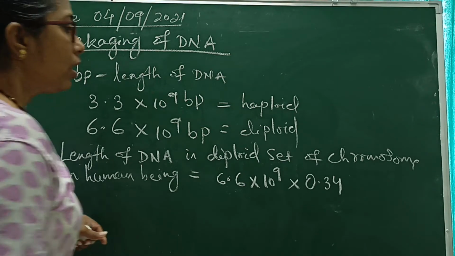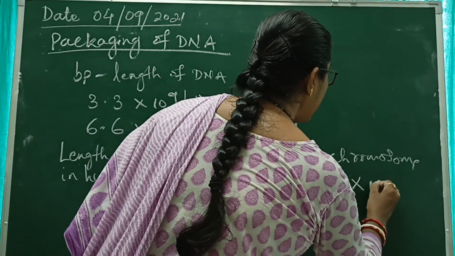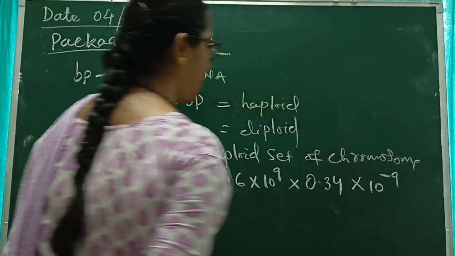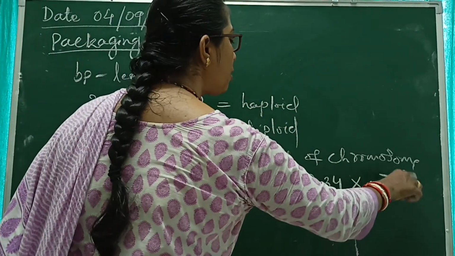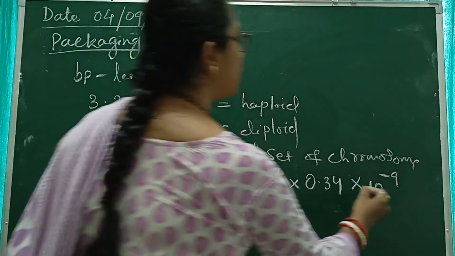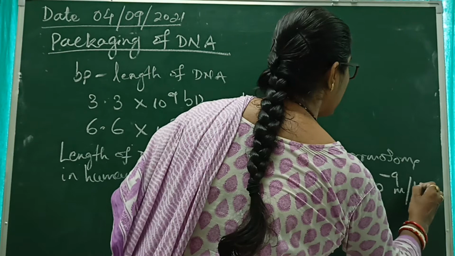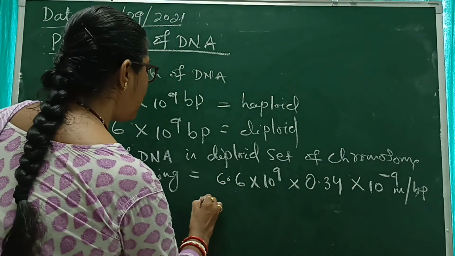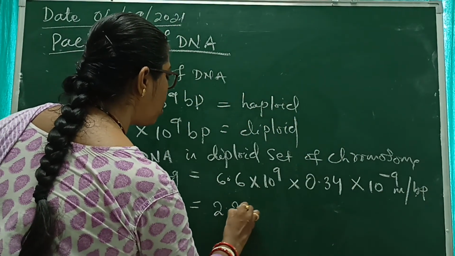So multiplied by 10 to the power minus 9. We multiply by this 10 to the power minus 9 in order to make it in meters. So it will come around 2.2 meters.